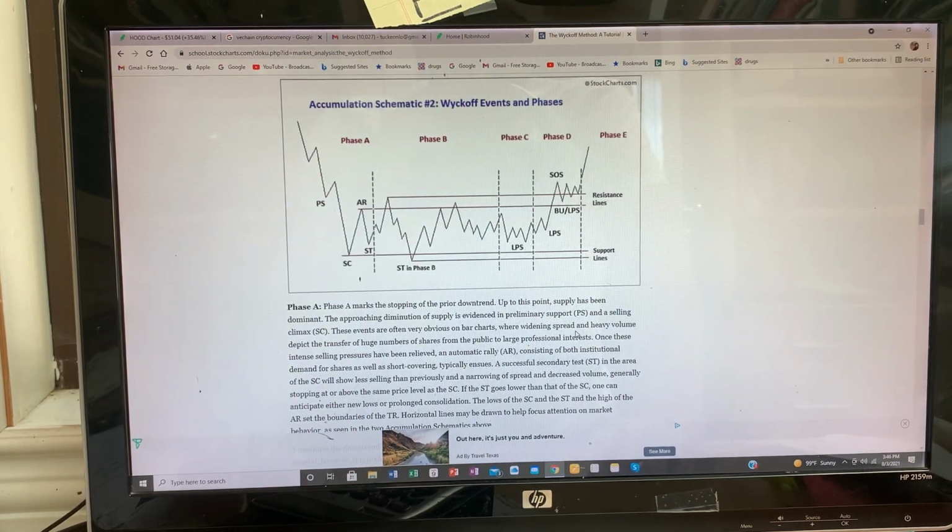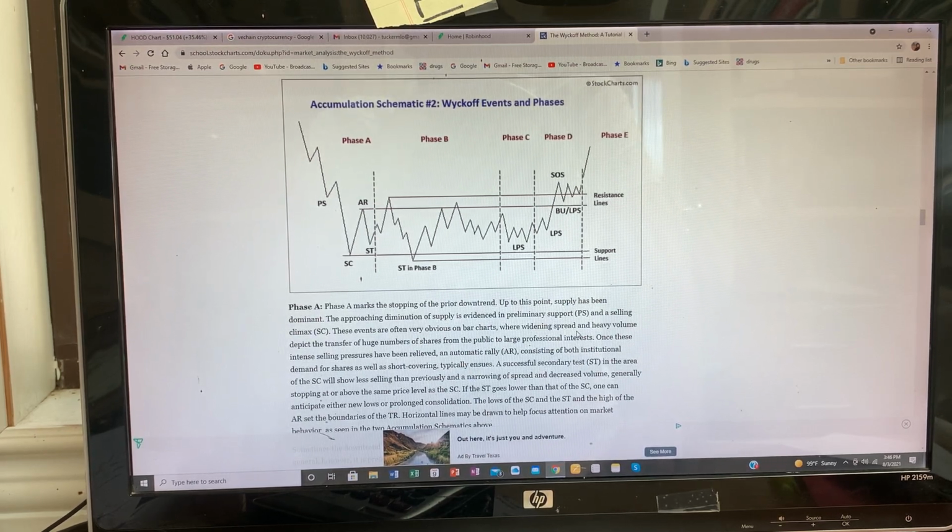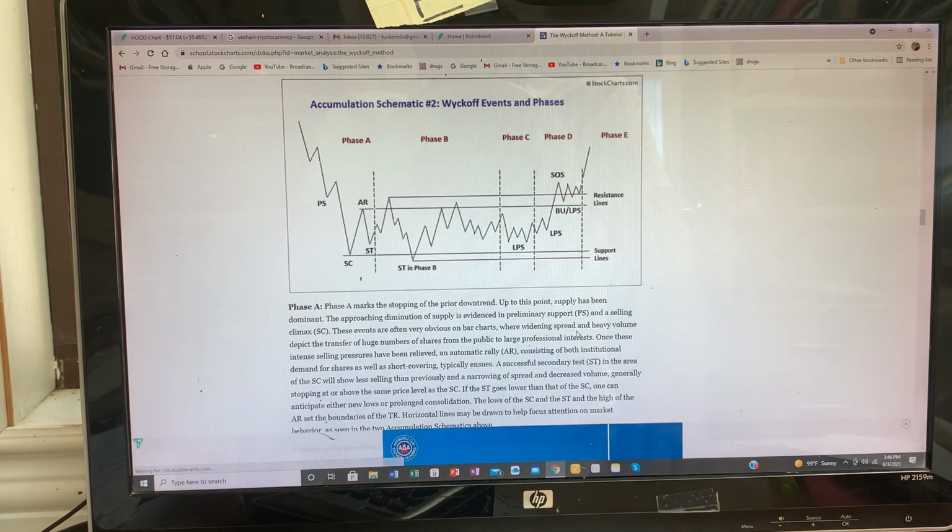Phase A marks the stopping of the prior downtrend. Up to this point, supply has been dominant. The approaching dominance of supply is evident in the preliminary support, which is the PS right here, and a selling climax, which is right here.